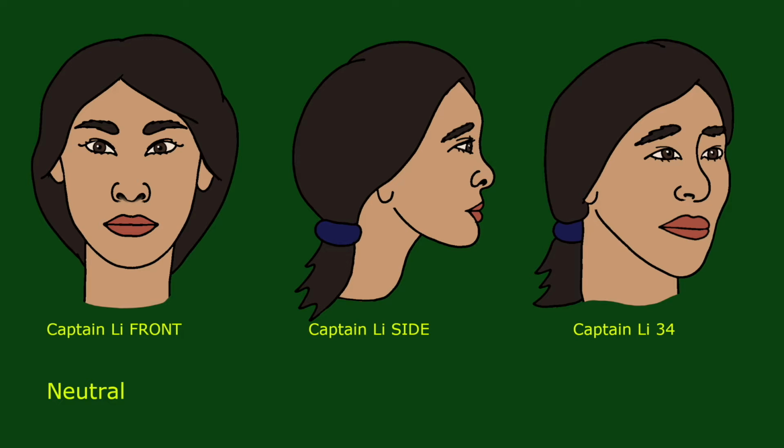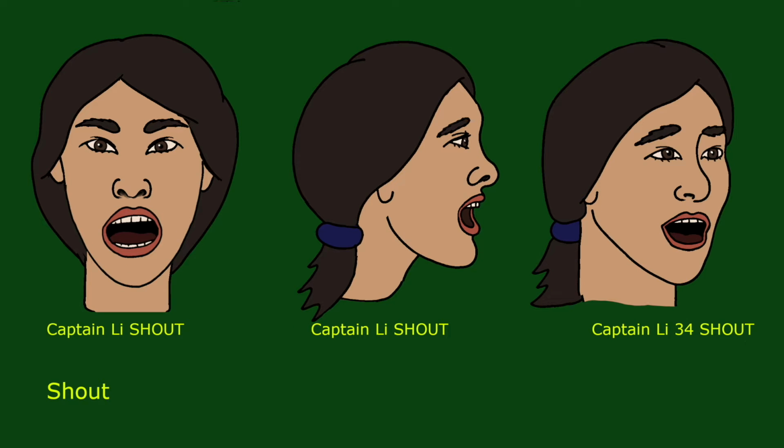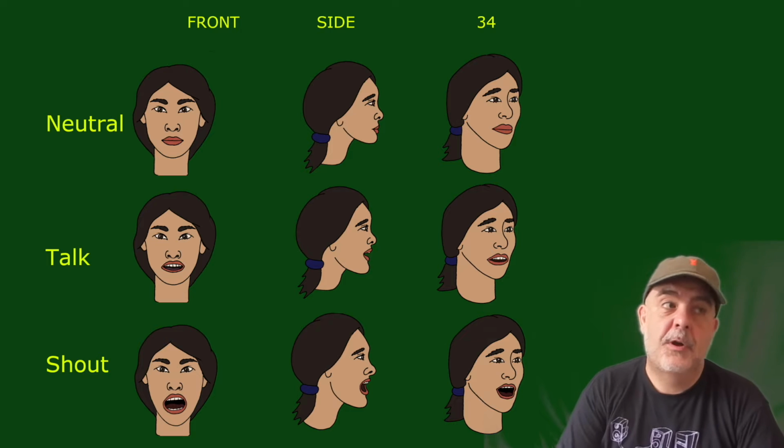Make these three with neutral expression, then a talking version, talk, plus any other expressions you might want, like shouting, smiling, etc. This gives you 3 by 3, which is 9 images in total. This might sound like a lot, but once you've done it, you never have to draw them again.